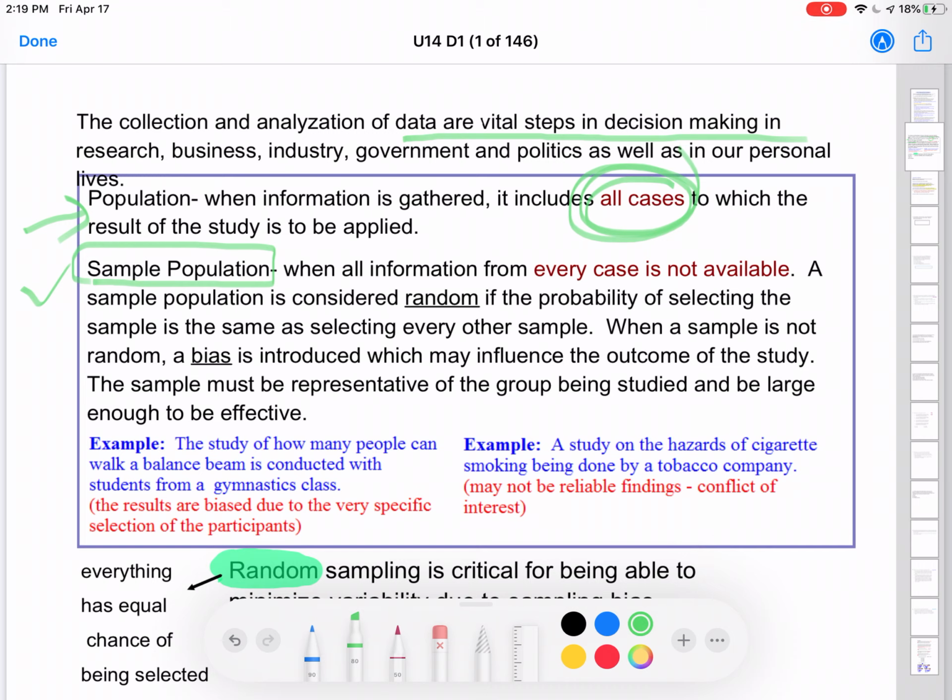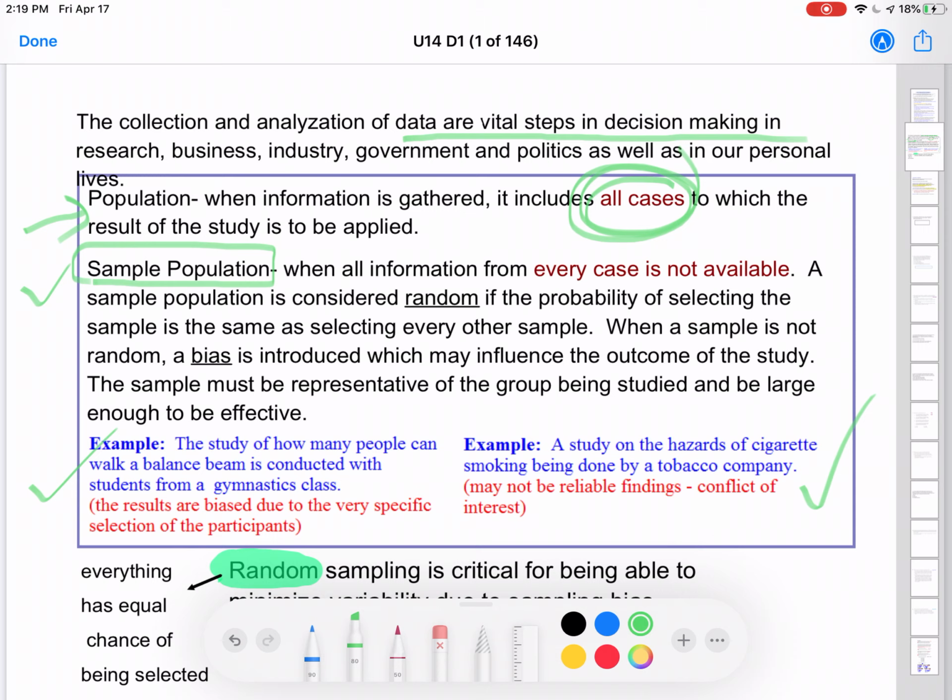Okay, so here's 2 examples. The study of how many people can walk a balance beam is conducted in a gymnastics class. That's crazy, right? That would totally be biased because the kids are going to be able to walk on a balance beam. So that would be nuts. The other one I have over here is a study on the hazards of cigarette smoking being done by a tobacco company.